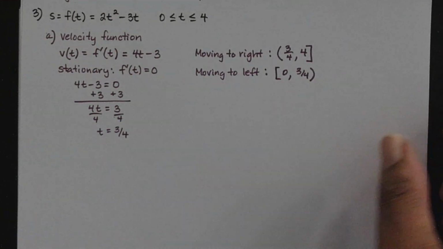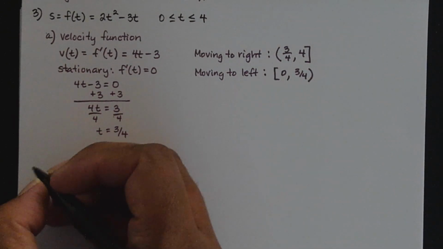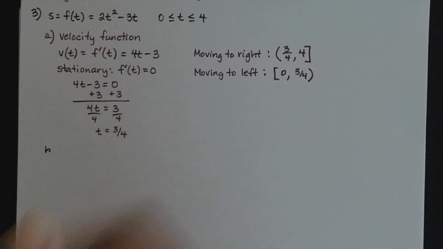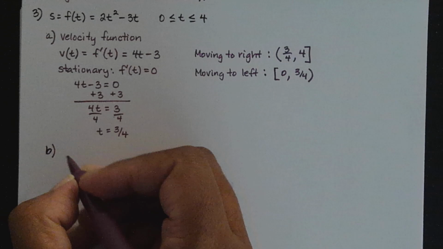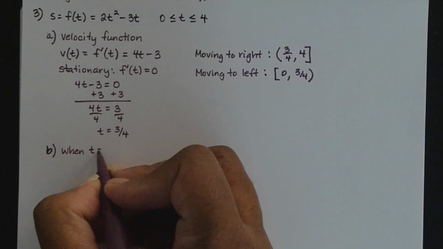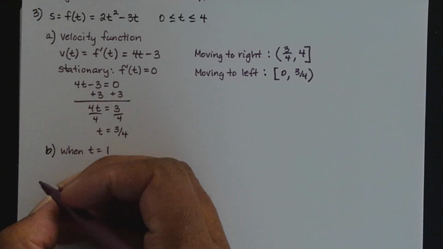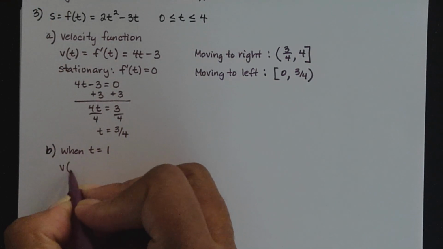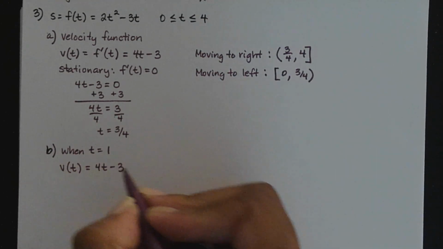All right, now part B states, determine the velocity and acceleration of the object when t is equal to 1. So when t is equal to 1, of course our velocity function is 4t minus 3, so I can just say v of t is equal to 4t minus 3.